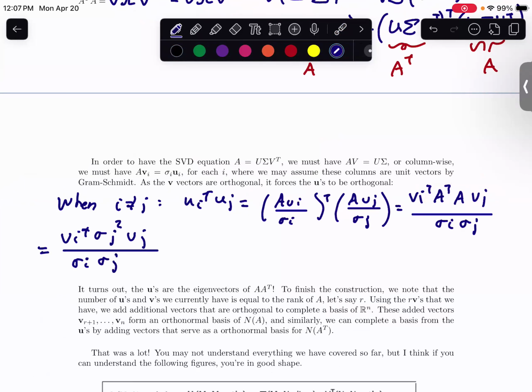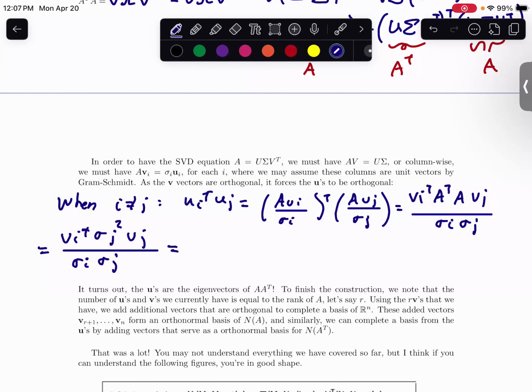Again, we're using the fact that vj is an eigenvector of A transpose A, and the singular values are the square roots of the eigenvalues, so you can always write it this way.